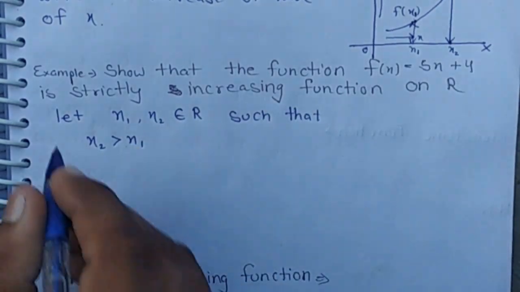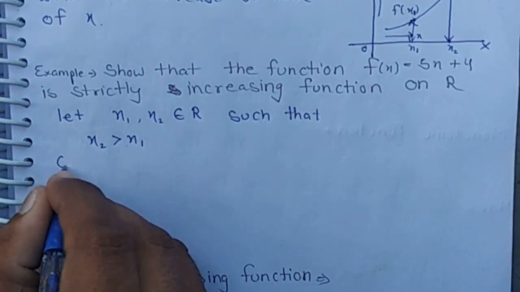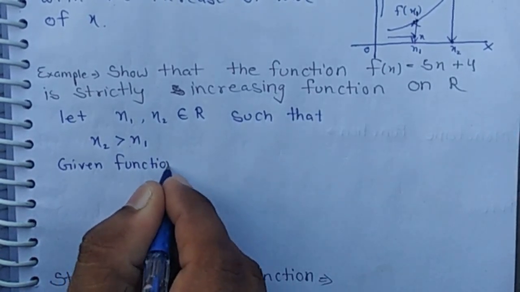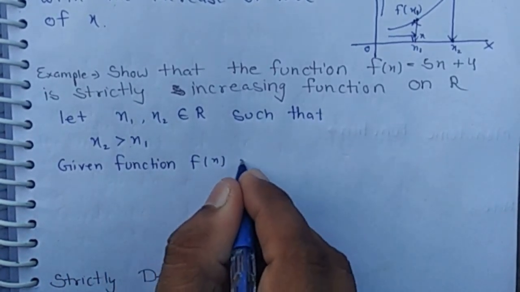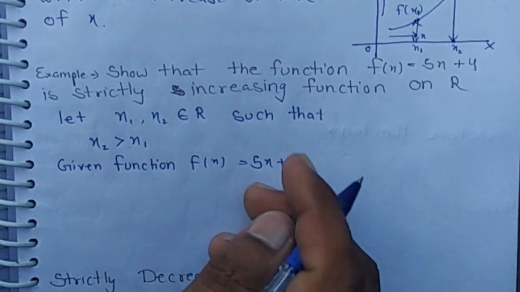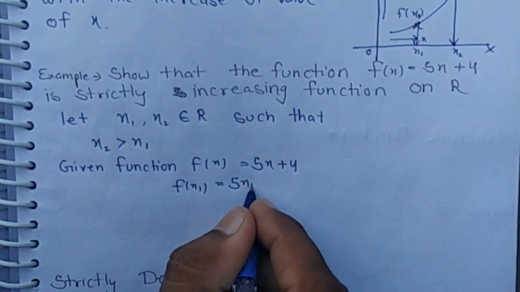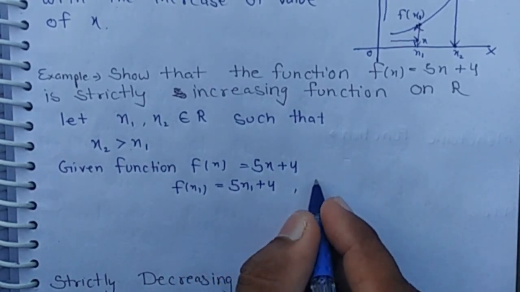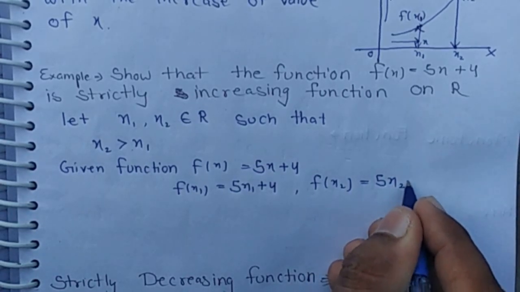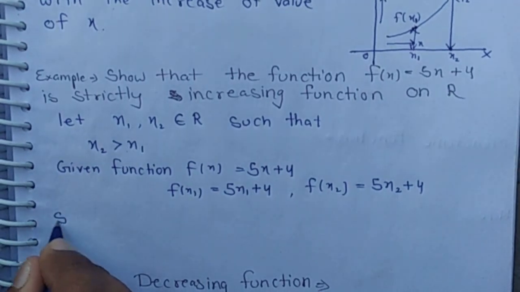Given the function f(x) equals 5x plus 4, the value of f at point x1 is f(x1) equals 5x1 plus 4 and the value of f(x2) is 5x2 plus 4.